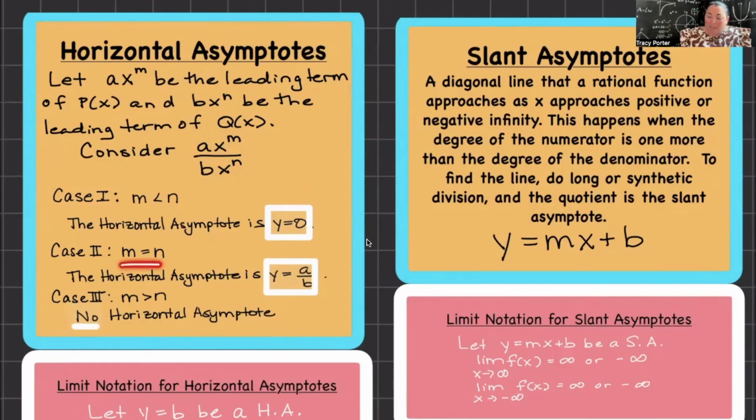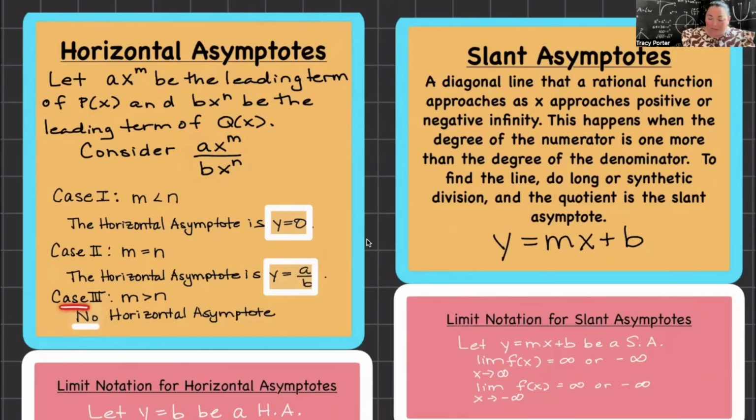Case two is where m equals n, so the numerator and denominator have the same degree. You have a horizontal asymptote, and you can think of the same powers as canceling out. The function eventually approaches y equals a over b, so y equals a over b is the horizontal asymptote.